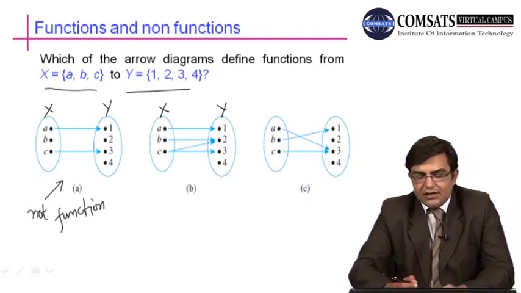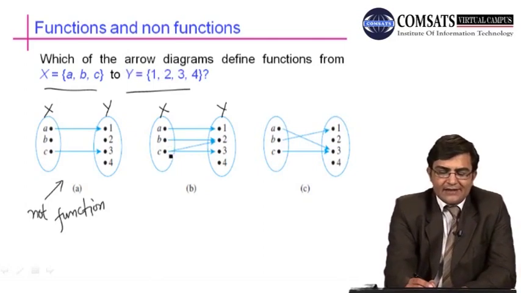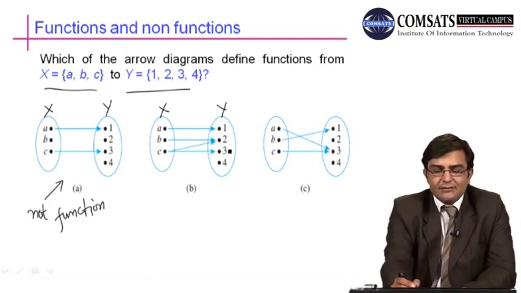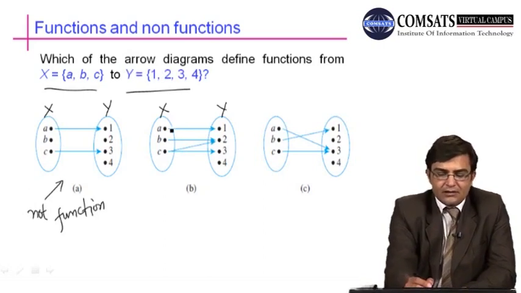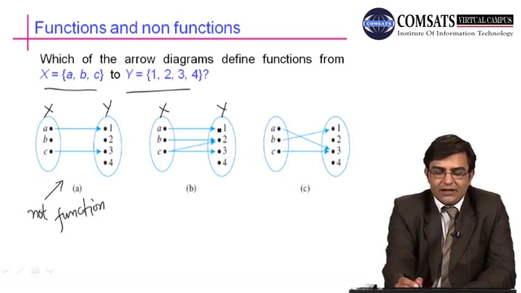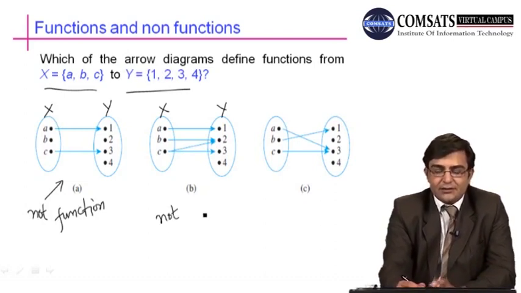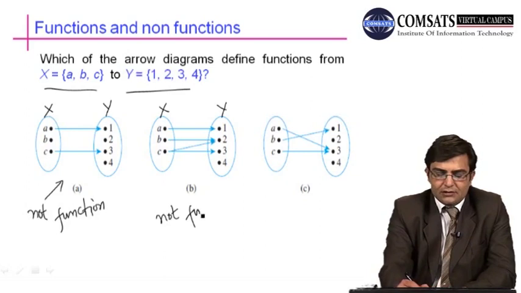Now the second condition: each element of X must be related to exactly one element of Y. Here A is related to only one element in Y, B is related to only one element, but C is related to two different elements of Y. C is related to 2, C is related to 3. So this is not a function either, because it violates the second property of a function.